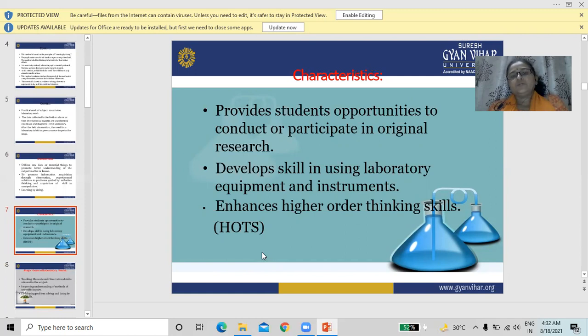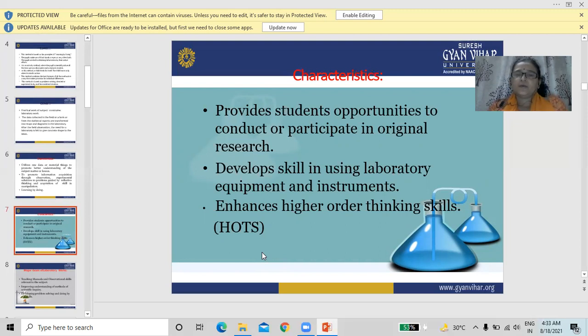Provide students opportunities to conduct or participate in original research. Next characteristic of the laboratory method is to develop skills in using laboratory equipment and instruments.